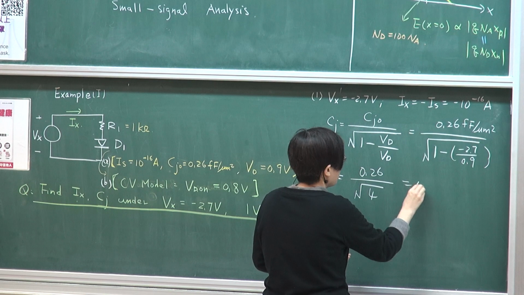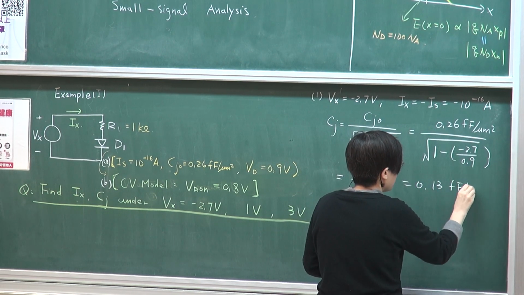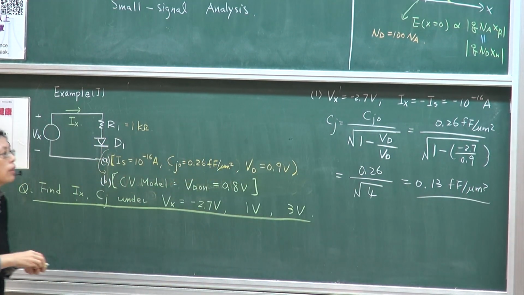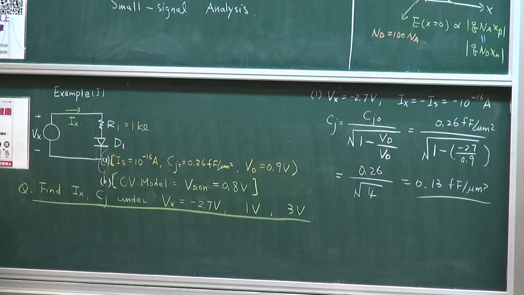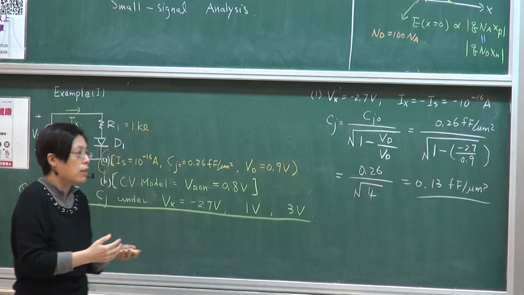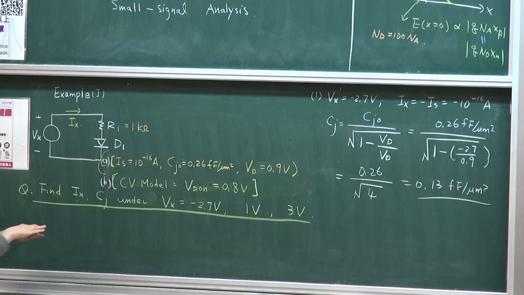That's why we get about 0.13. If you're in reverse bias, you're getting about 1/2 of its value under equilibrium. So the capacitance is even lower because the depletion region grows and the distance between charges increases. Okay? So this gives us the first part.